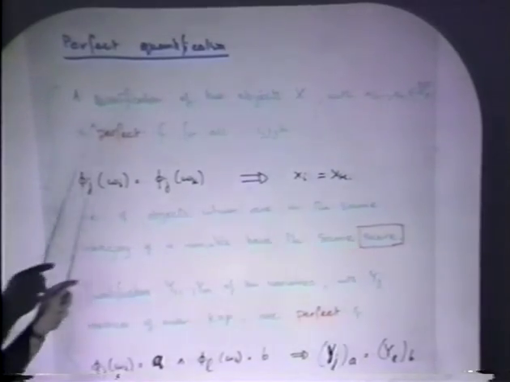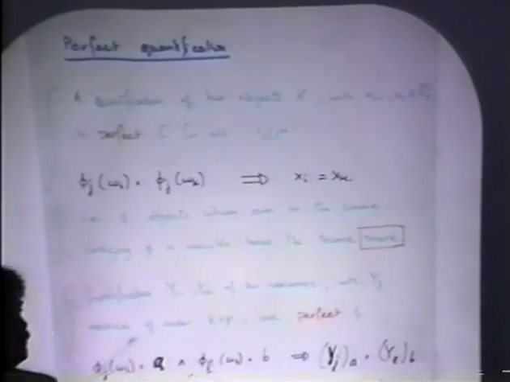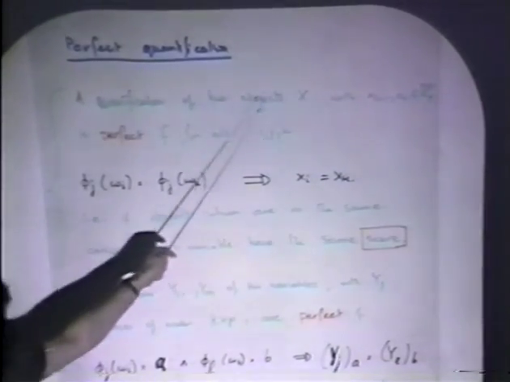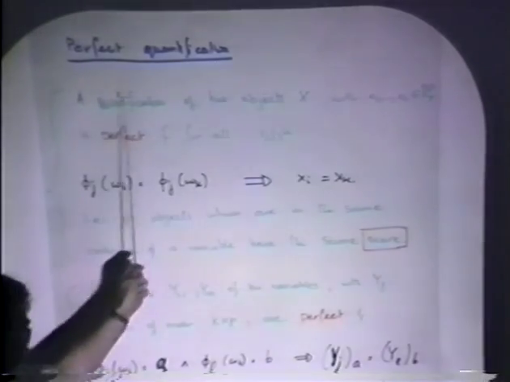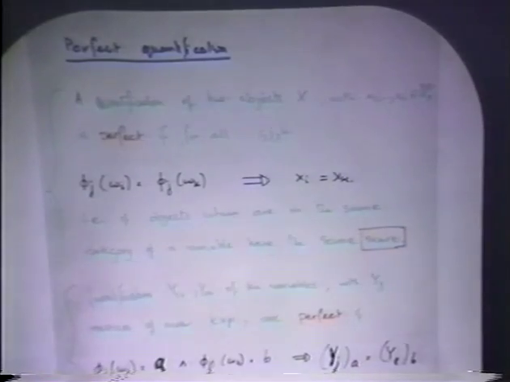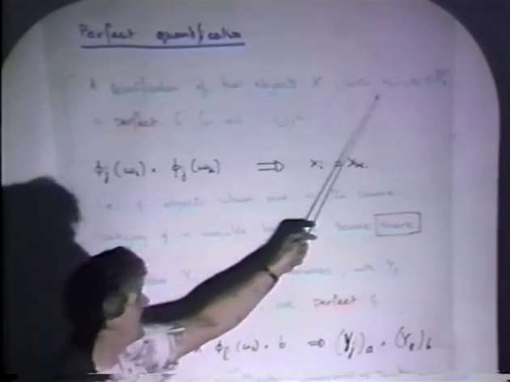A quantification of the objects, well, the objects are, of course, the set omega, but the quantification of the objects is a matrix X, a matrix of n rows and p columns, where row i refers to the quantification of object i, and that row i is, of course, x_i.